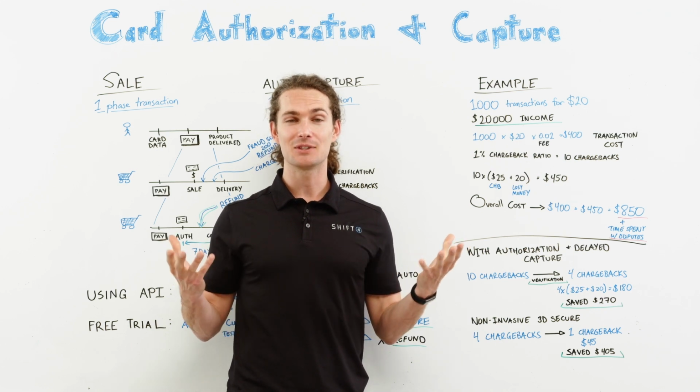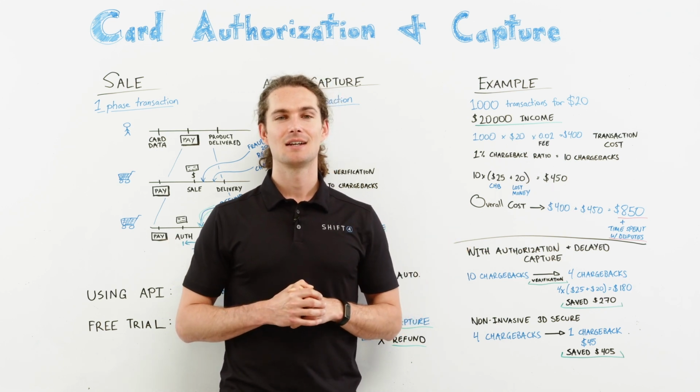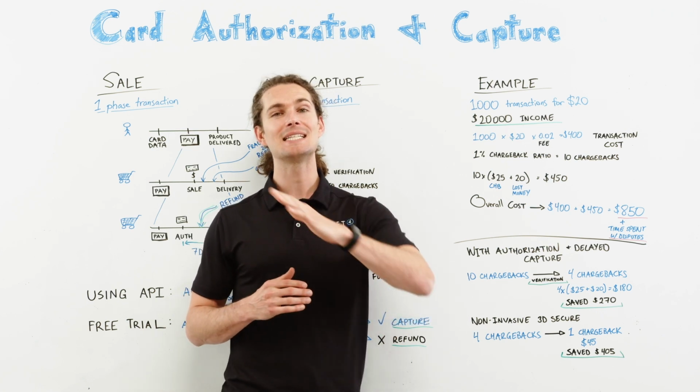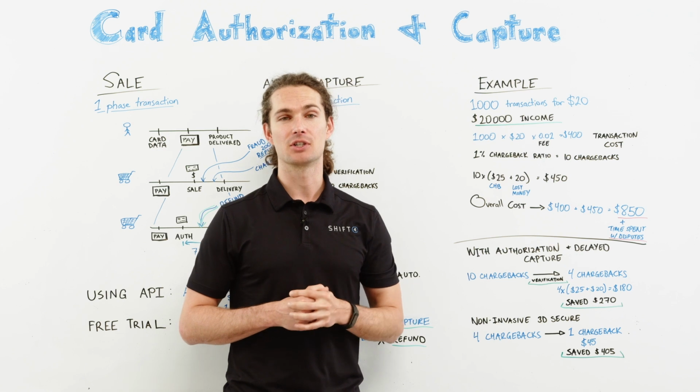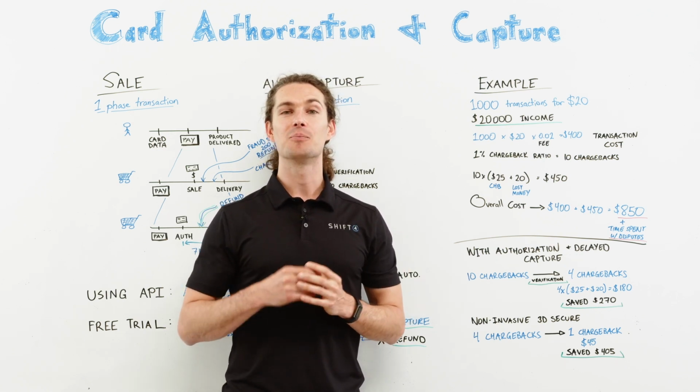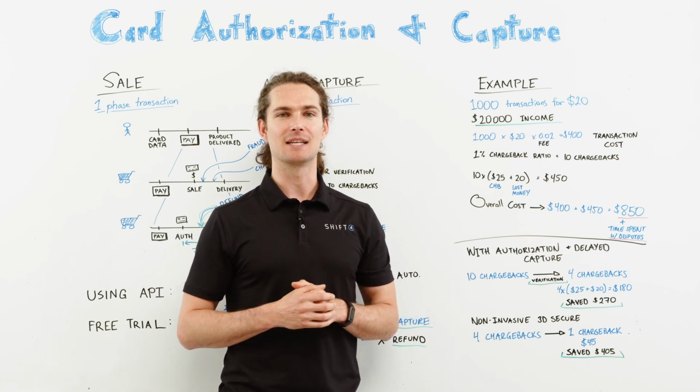So how do you save money with two-phase transactions? Well, as you can see, one-phase sales can cause a pretty steep loss of money for merchants. By choosing to use Shift4's authorization and capture, merchants can save quite a bit of money.